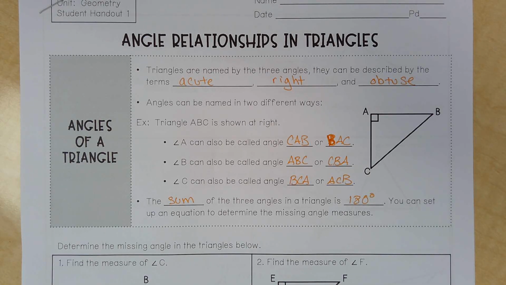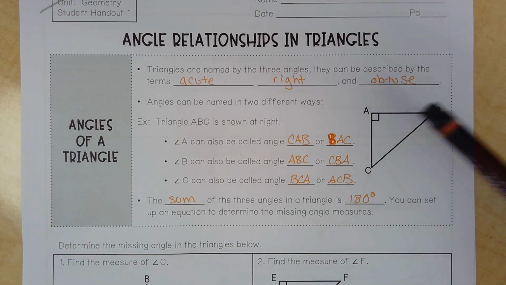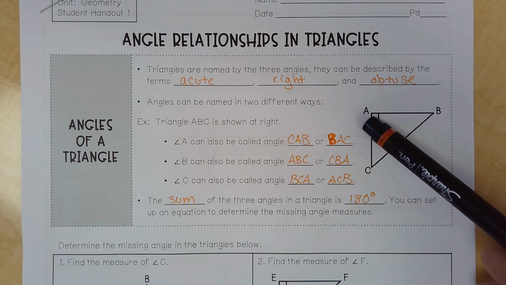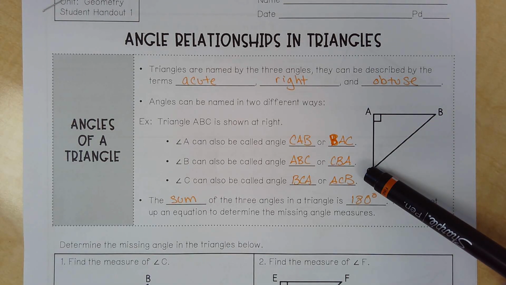So they can also be named in two different ways, right? So example, triangle ABC, okay? We have it here. They're saying angle A can also be called CAB or BAC.